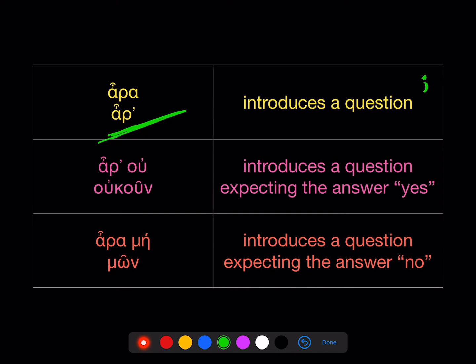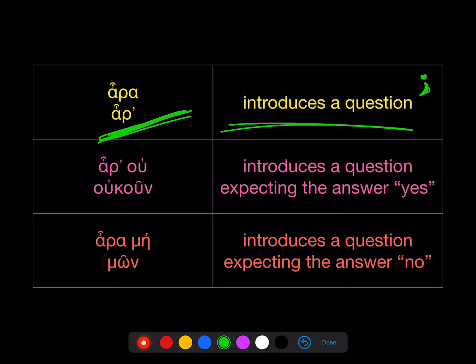And these are just particles that show us that there's a question coming. Greek doesn't always use them. Sometimes the only warning that you have a question coming is this semicolon at the end. But Greek does have these particles that let you know that what's coming is a question.